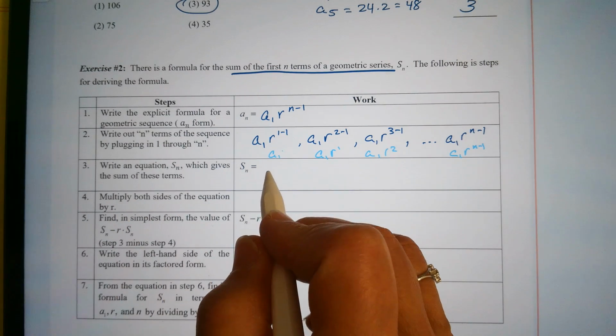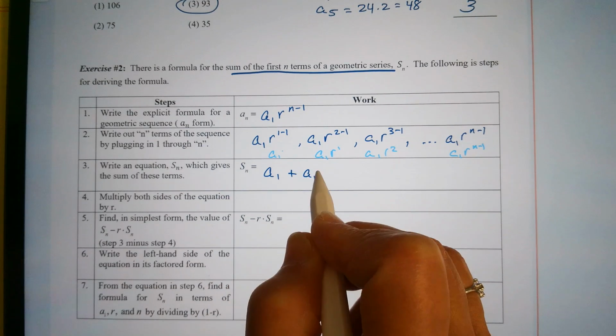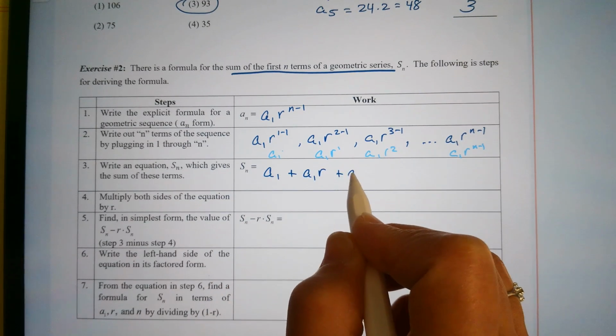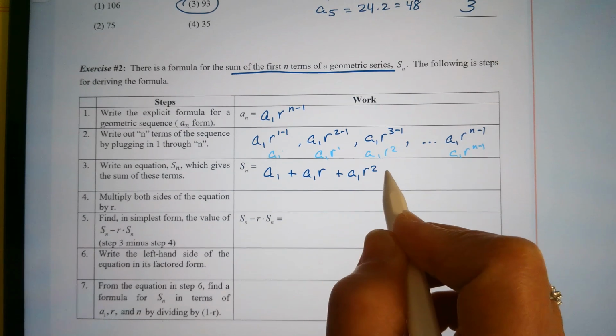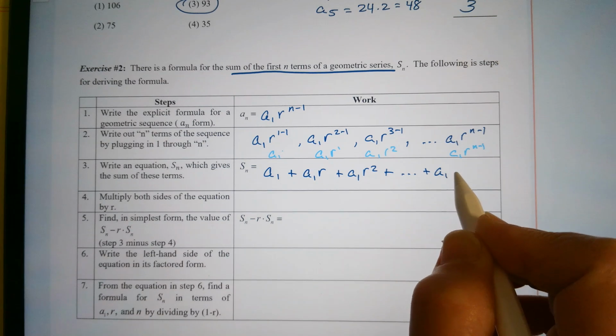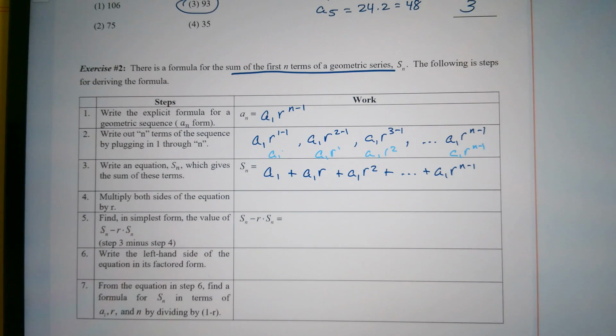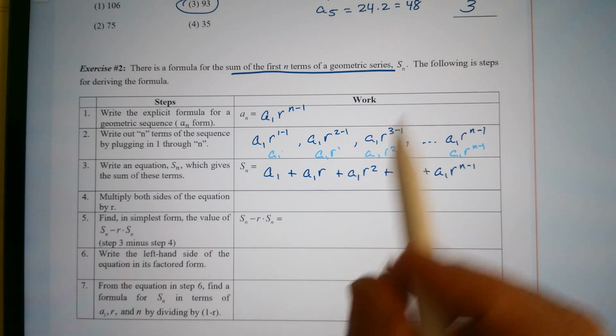Write an equation for s sub n which gives the sum of these terms. So s sub n is equal to a sub 1 plus a sub 1 r plus a sub 1 r squared plus a sub 1 r to the n minus 1. Multiply both sides of the equation by r.